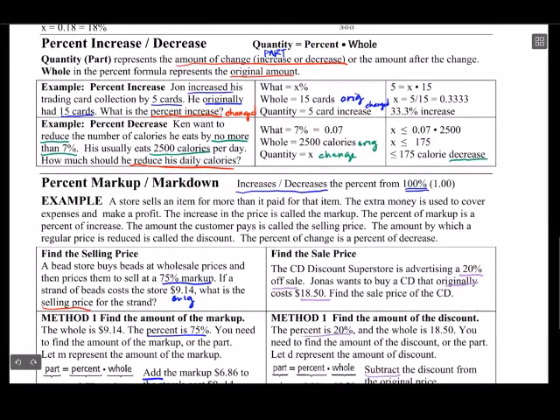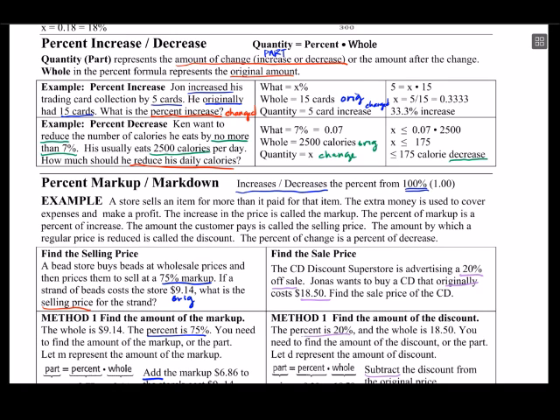So percent increase and decrease and markup and markdown are just an extension of the percent problems we've already been doing. These are our real world problems. If we are looking for increase and decrease, we are looking for the amount over 100 or under 100.